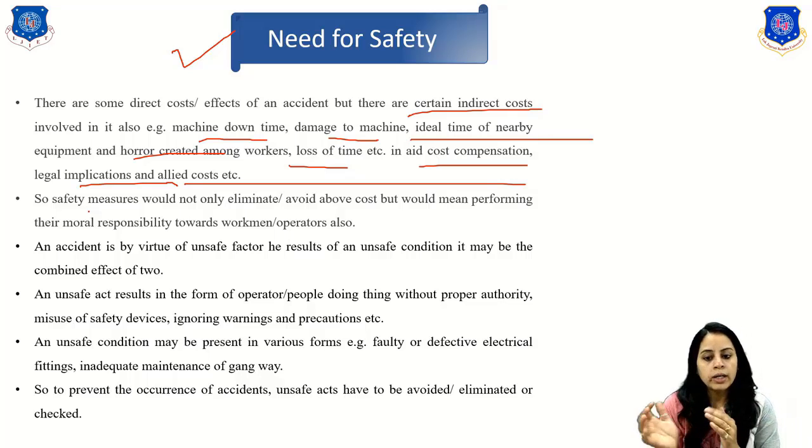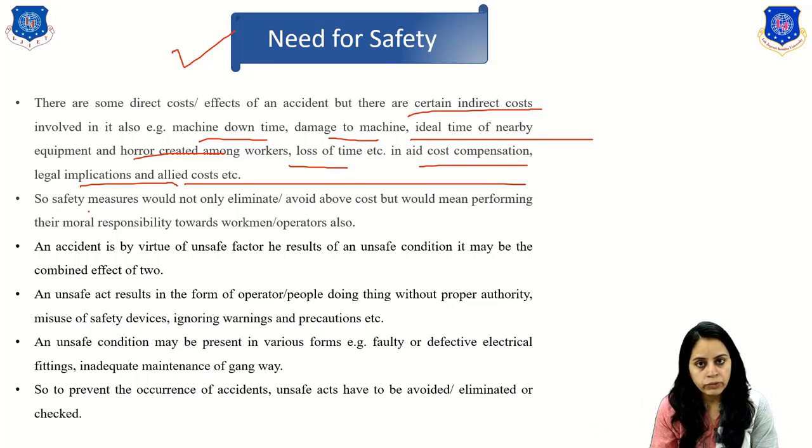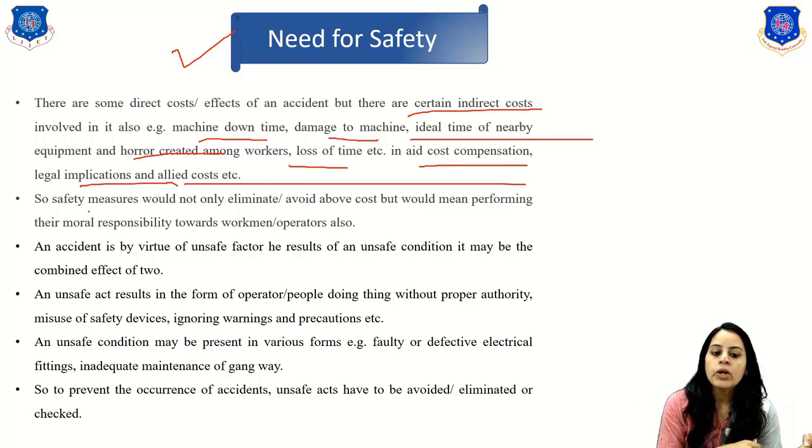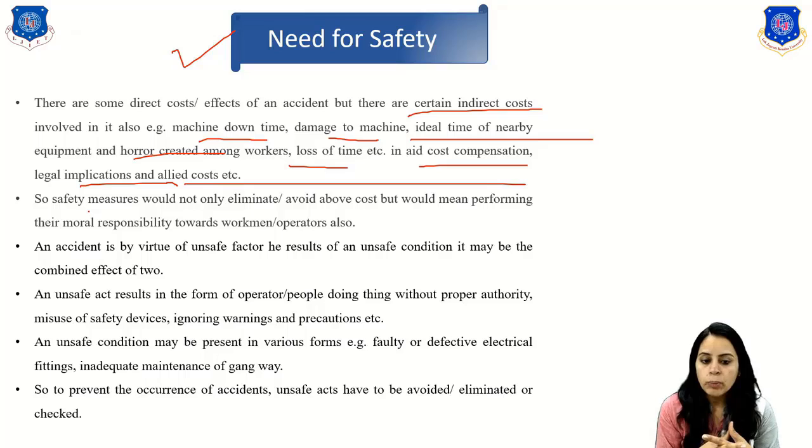An unsafe condition may be present in various forms: faulty or defective equipment, like electrical fittings, and inadequate maintenance of the gangway. These are examples of unsafe conditions.